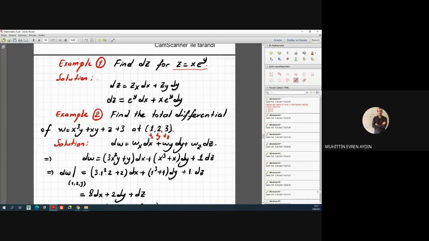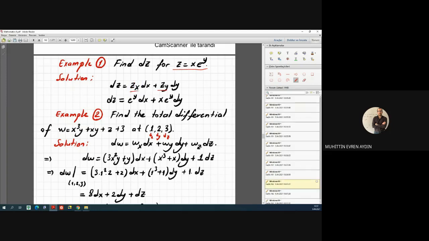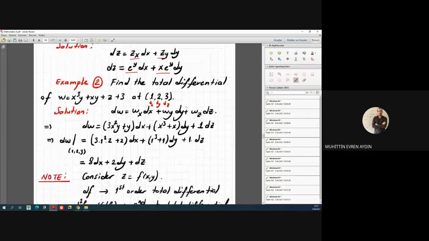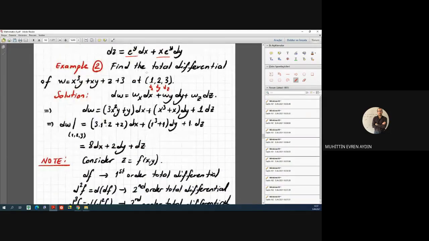In order to solve this example 1, you have to find the first order derivatives. The function is quite simple, and you may obtain the total differential as in this equality. Okay, another example for finding the total differential of such a function at the point (1, 2, 3).